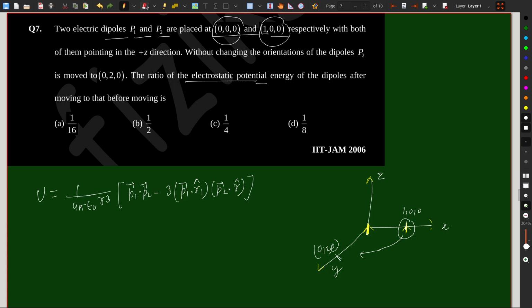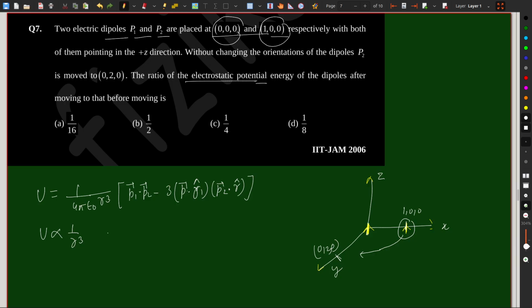This is the interaction energy, or the electrostatic energy. So as we can see, U is proportional to 1 over r cube.